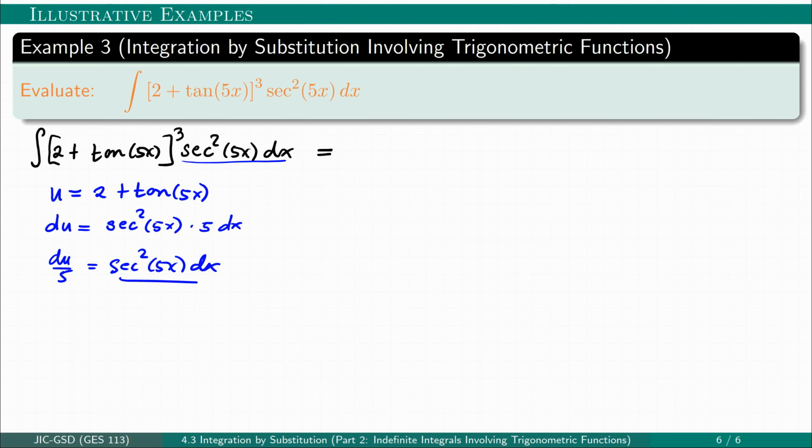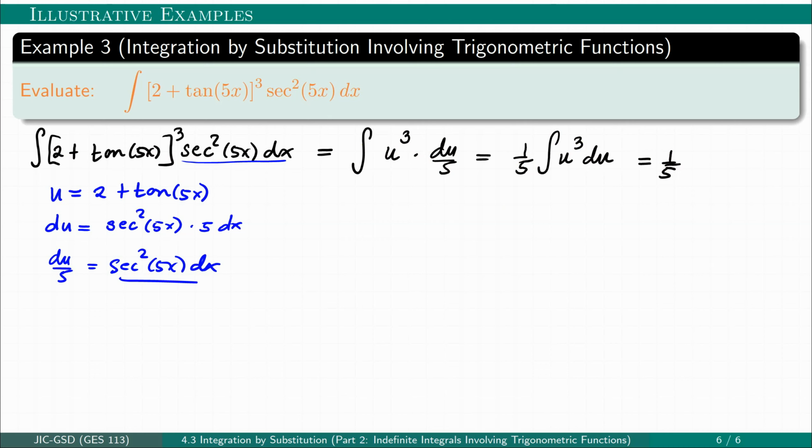So rewriting now our integral, we will get the integral of this entire expression, which is just u raised to 3, times secant squared 5x dx, which is actually du over 5. We can move 1/5 outside of the integral of u cubed du and apply the power rule. We will get now 1/5.